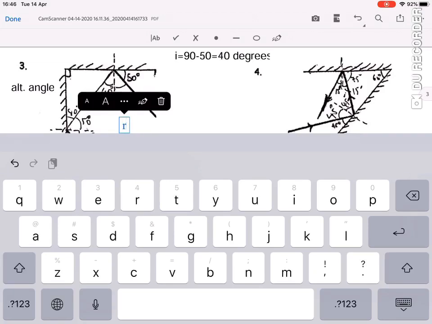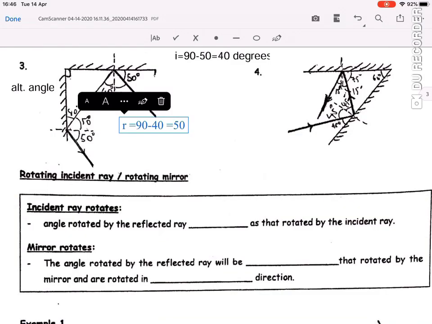It's really simple. R will be equal to 90 degrees minus 40 degrees, and it will give you 50 degrees.